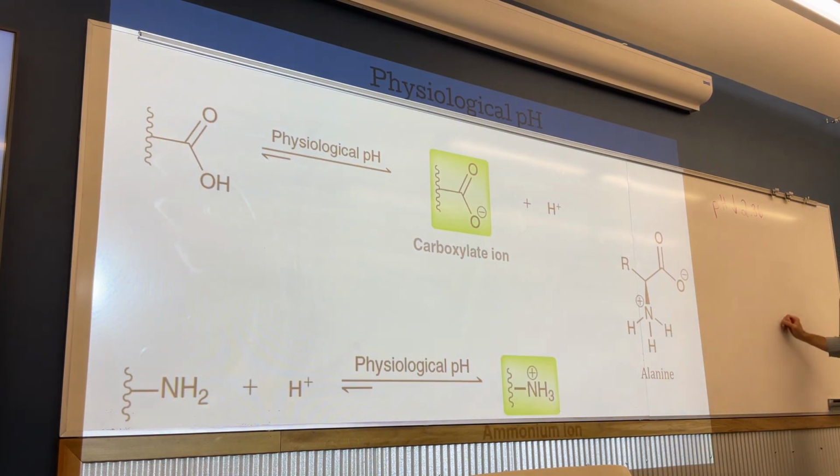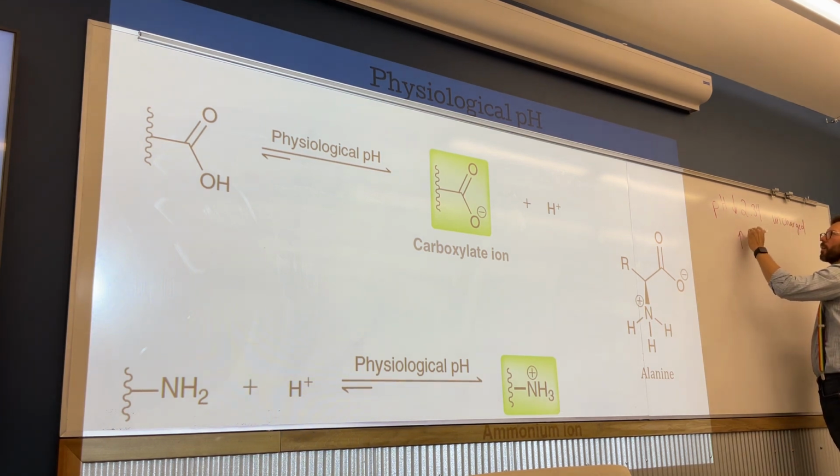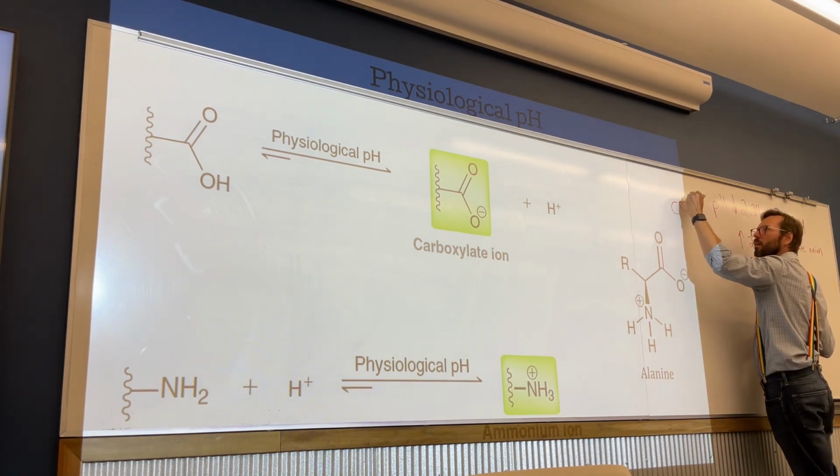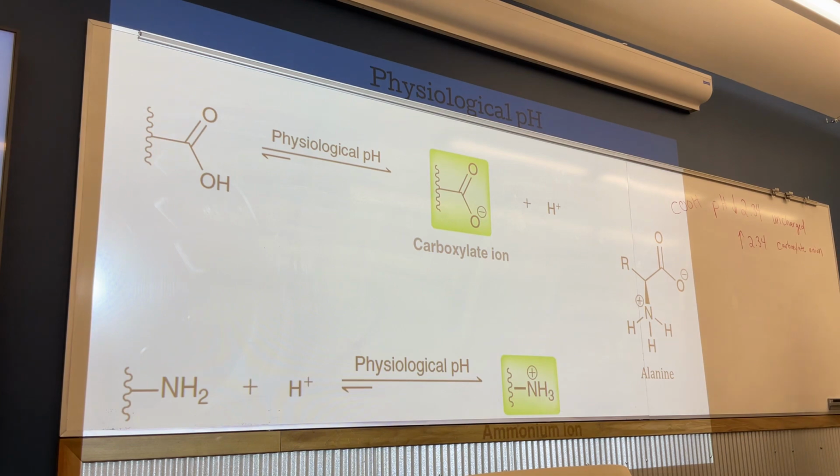If the pH is less than the 2.34, then the uncharged form predominates. Okay? If the pH is greater than 2.34, then it's going to be the carboxylate anion. And that's for the carboxylic acid group.